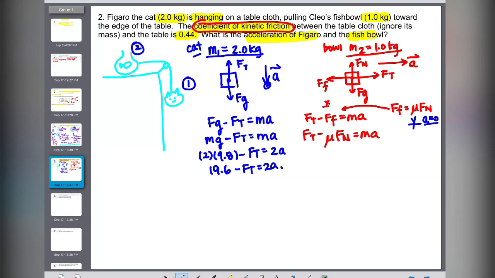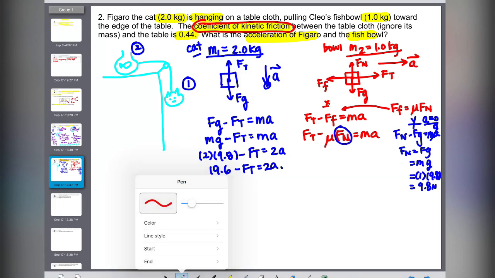So keep in mind, acceleration along y is 0. When there's x and y direction, at least one of them has to be 0. So in that case, I'm going to go up minus down equals Ma, which is 0. So Fn has to equal Fg, and I know that Fg is m times g, so the mass is 1, g is 9.8, so I get that Fn equals 9.8.